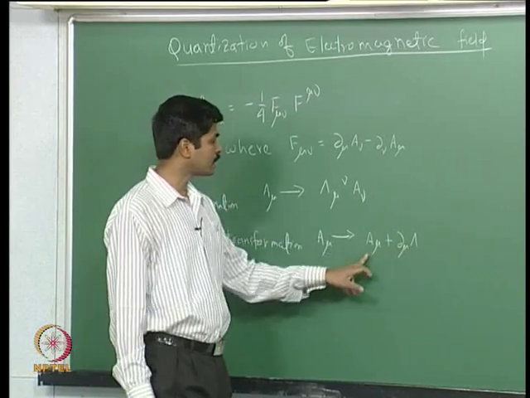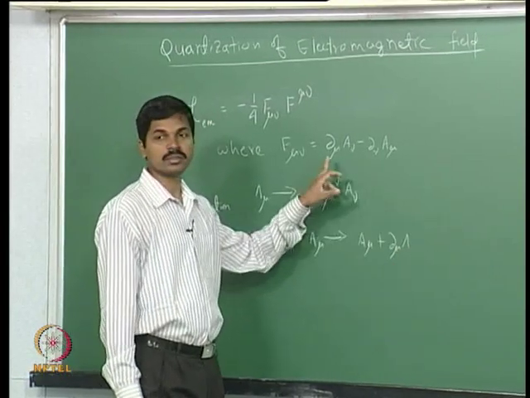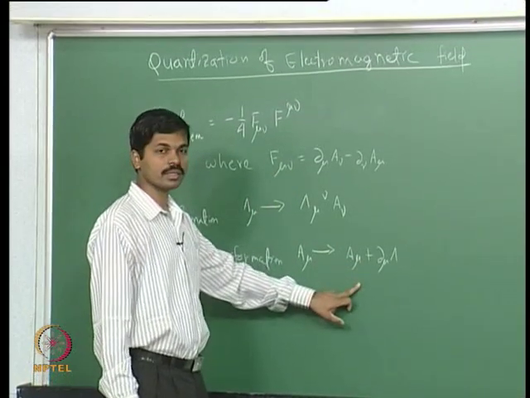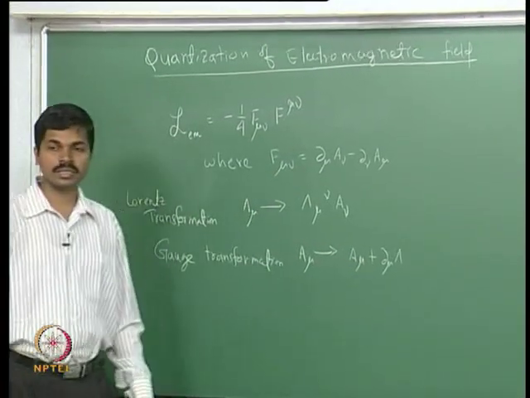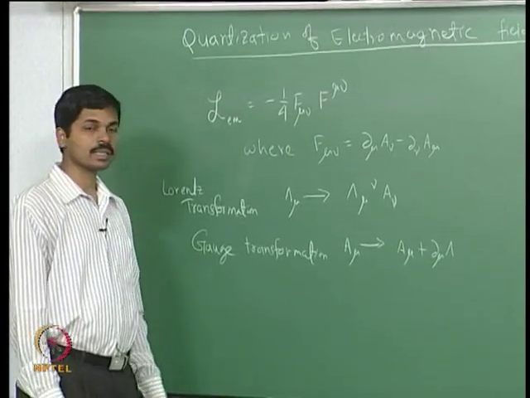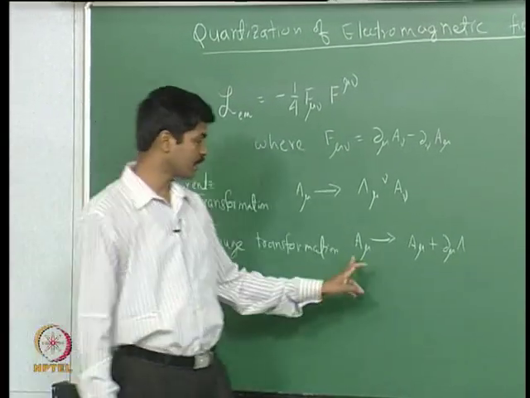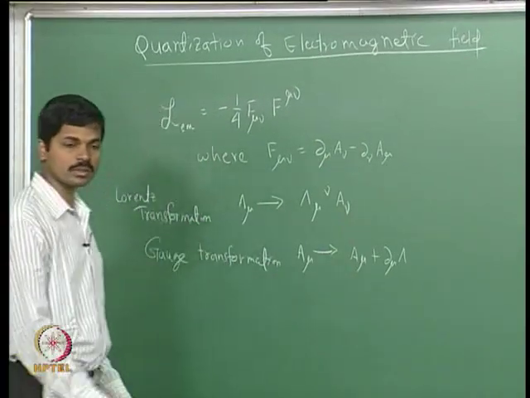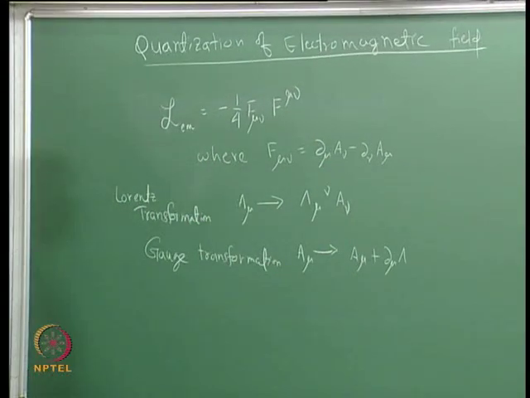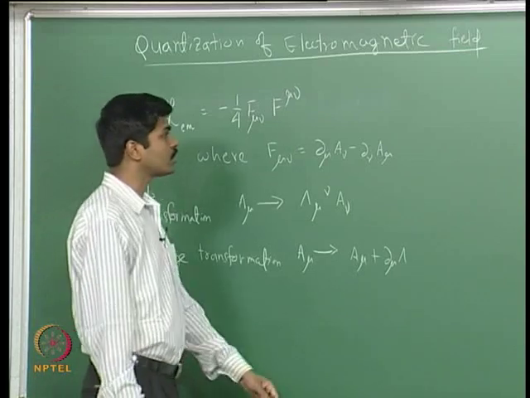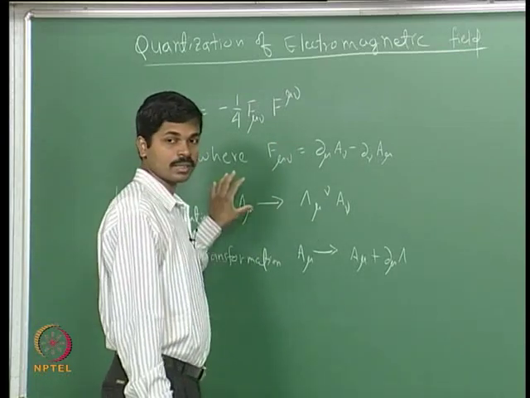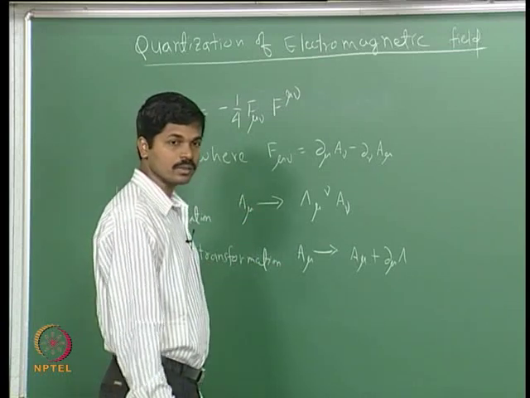You can notice that under this transformation, this field strength F mu nu remains invariant. Correspondingly, the electric as well as magnetic field remain invariant under this gauge transformation, and hence your equations of motion remain invariant under this gauge transformation. So, we will consider the quantization of this electromagnetic field or the gauge field.